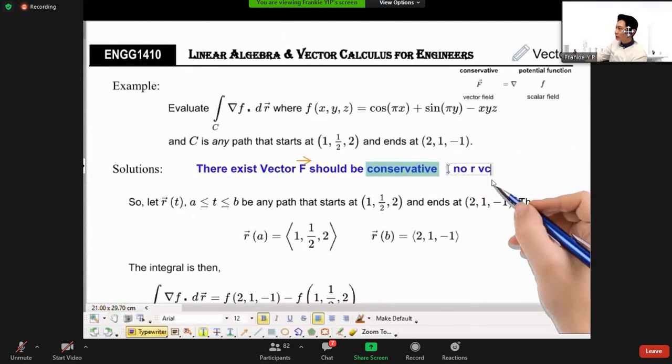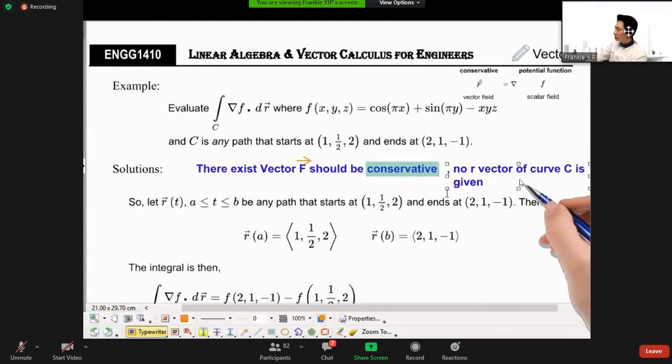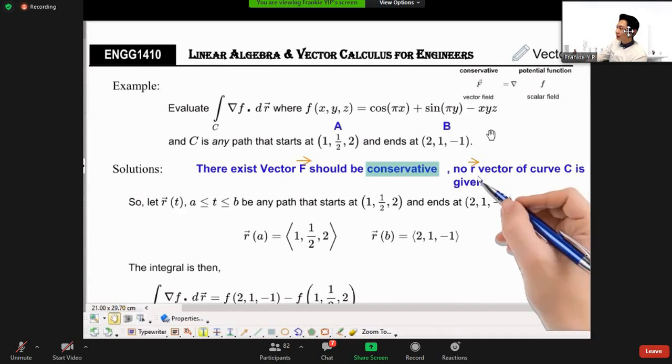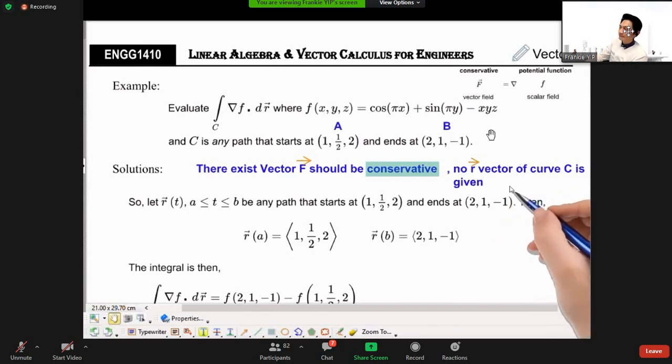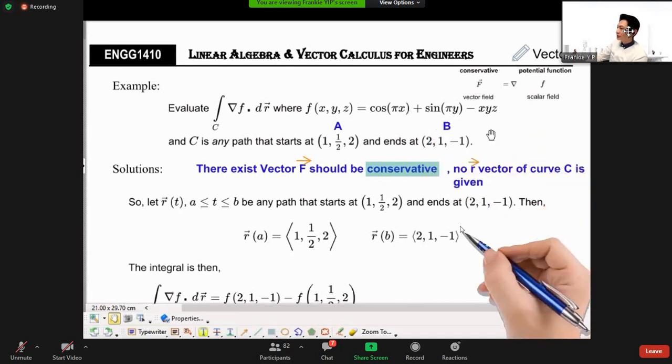So in order to work this, no need to have the vector R to be given. Now you can just substitute those things into the formula to get back the answer.